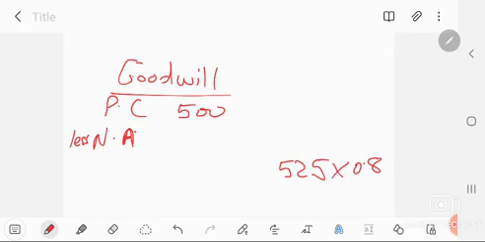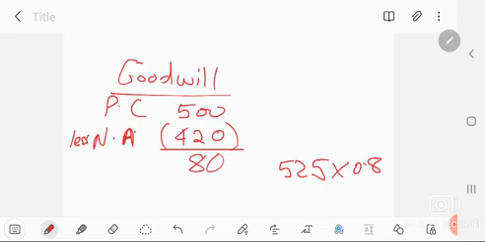You're just getting the percentage of control, which is 80, which was mentioned in the intro of the question. So that's going to give you 420. There you close. What else are we getting? In fact, we're supposed to subtract this. This is giving us 80. So this is the goodwill on acquisition.